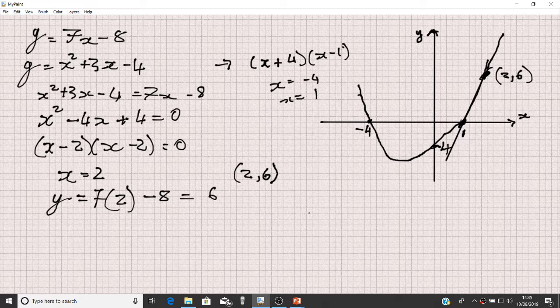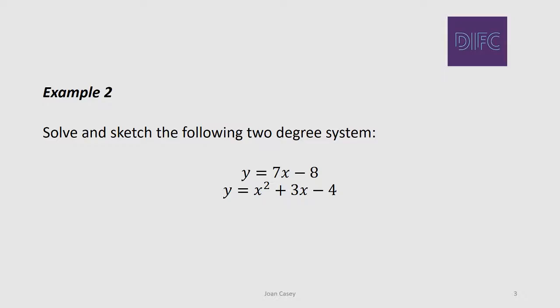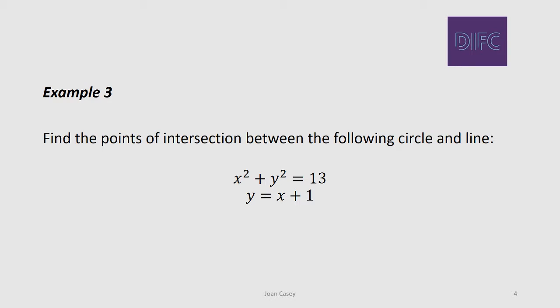Okay, so let's take a look at our final example. The third and final example is to find the points of intersection between the following circle and line. The circle is x squared plus y squared equals 13, and the line is y equals x plus 1.